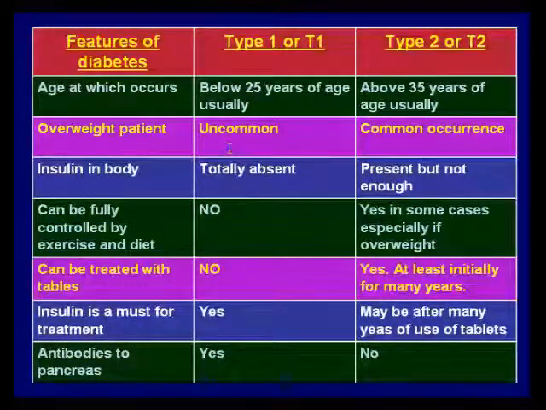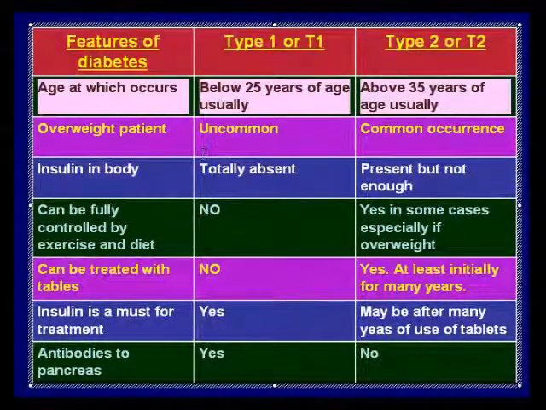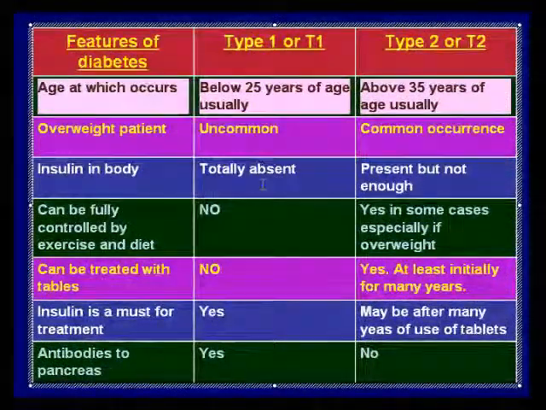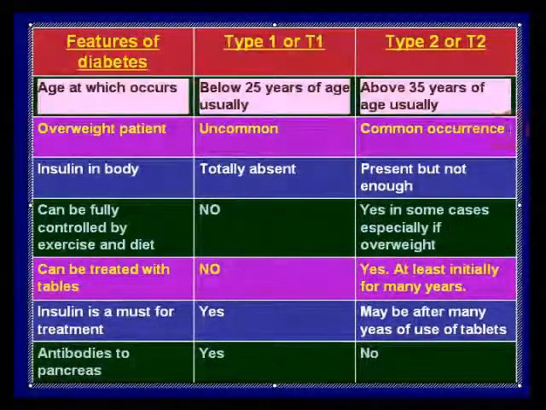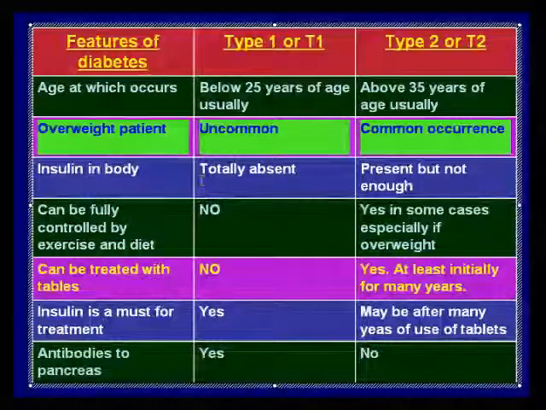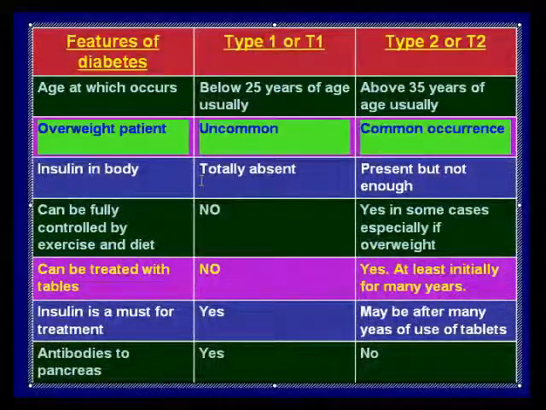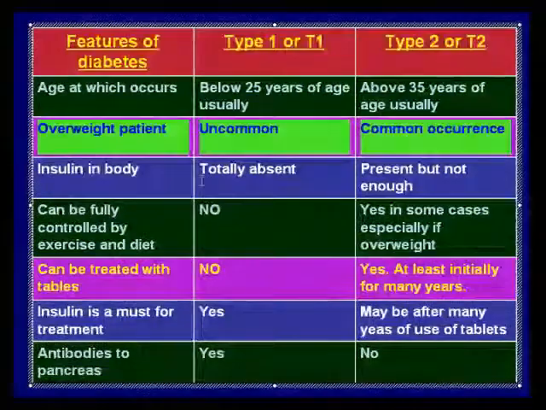Now, if we look at differences between type 1 and type 2 diabetes, type 1 diabetes occurs below 25 years of age in most cases, and type 2 diabetes occurs above 35 years of age. If we look at the weight, then type 1 patients are usually not overweight, whereas overweight is a common occurrence in type 2 diabetes.